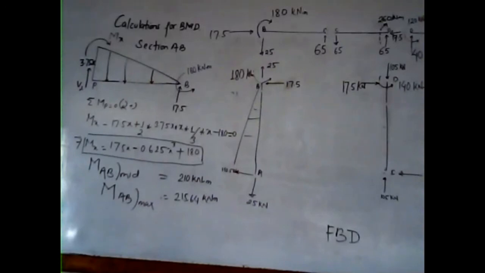If we solve this, we will receive Mx equals 17.5x minus 0.625x to the power 3 plus 180.